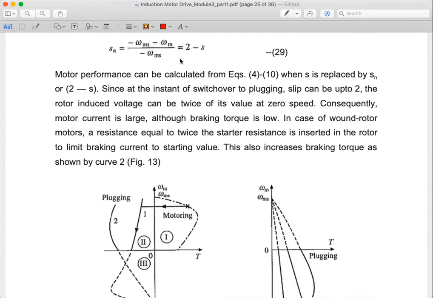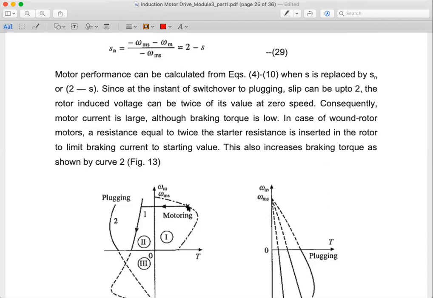Now with this, if I obtain the speed torque characteristics, this is the speed torque characteristic under motoring operation, in the first quadrant. Now I want to obtain it in plugging. So the speed torque characteristic goes to the second quadrant. Suppose at this instant we are shifting it, so we are changing the phase sequence.